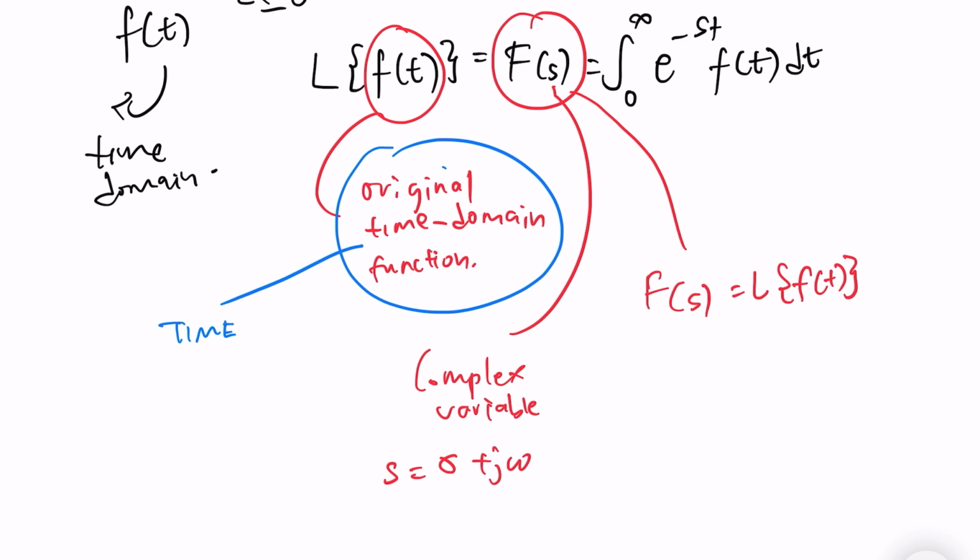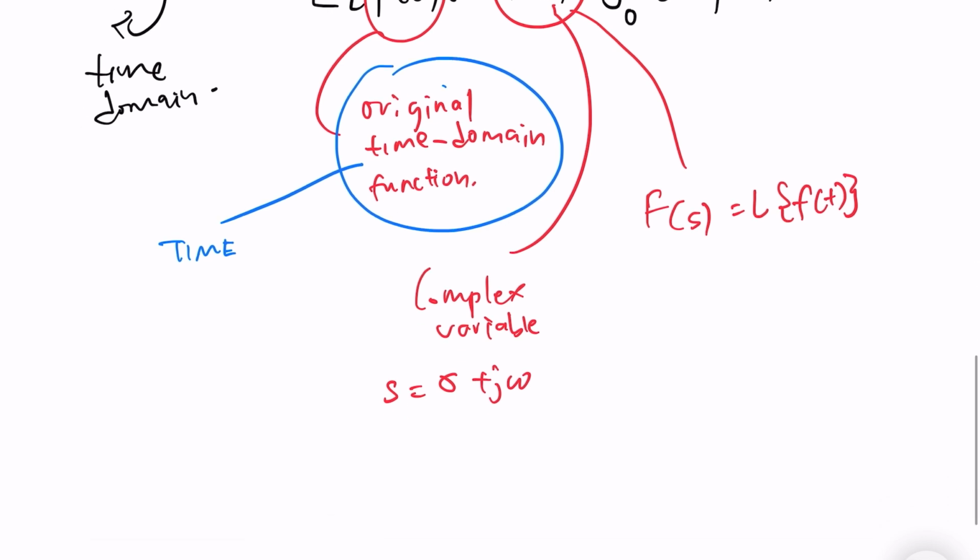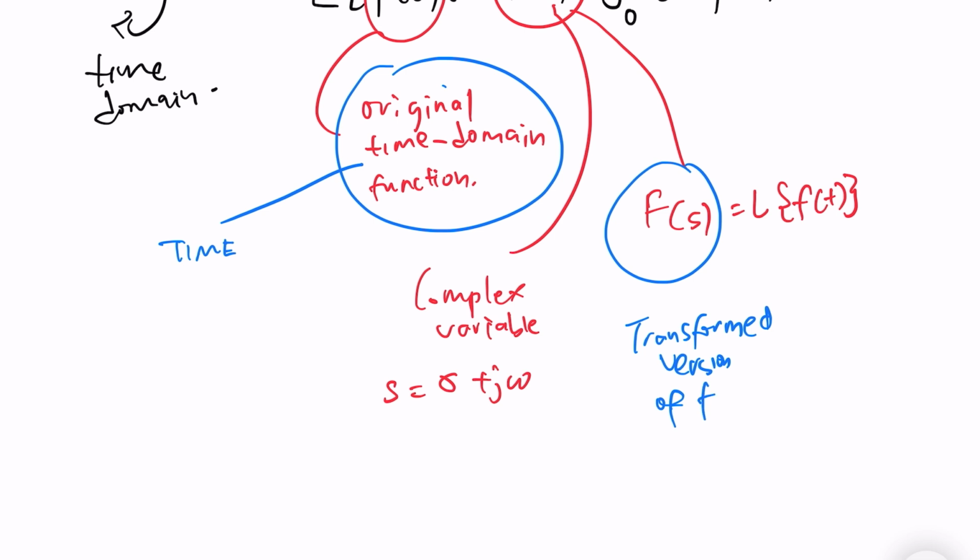And then s is a complex variable, which in practice behaves like frequency. s is a frequency, and then Fs is the transformed version of ft, of the original time domain function. Okay, so this is the function in the s domain.